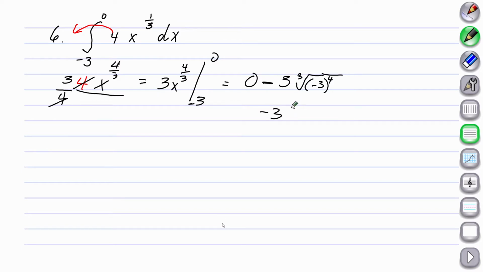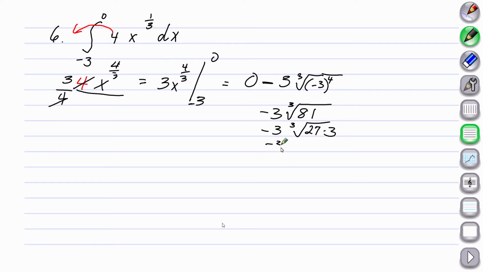So this is -3 times the cube root of 81. And 81 we could break down into what? 27 times 3. And the cube root of 27 is 3.